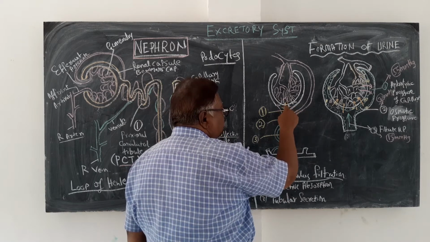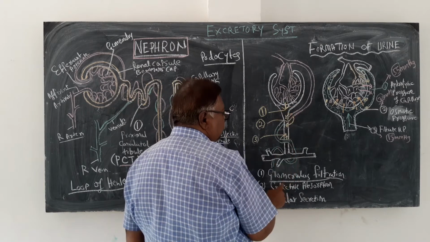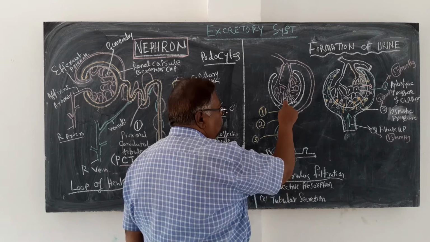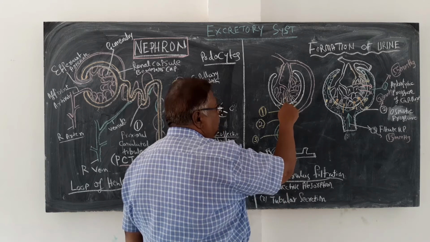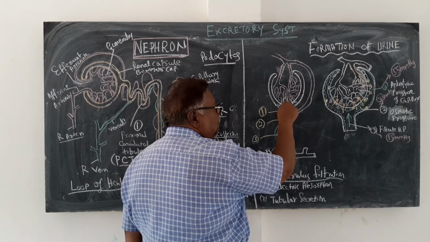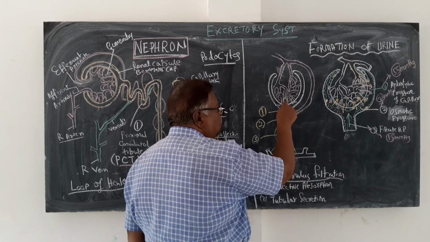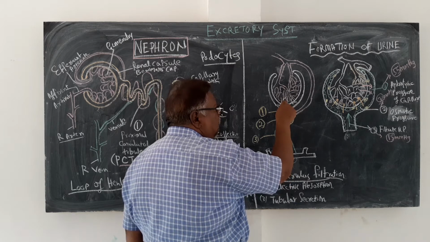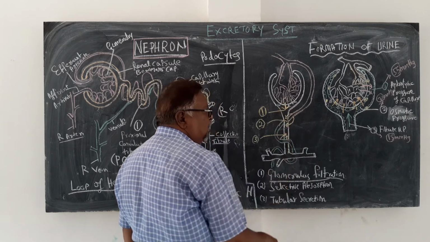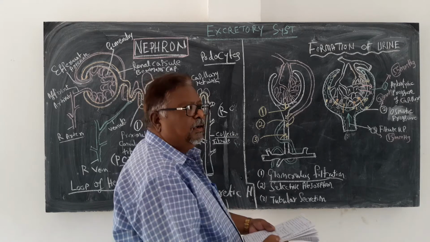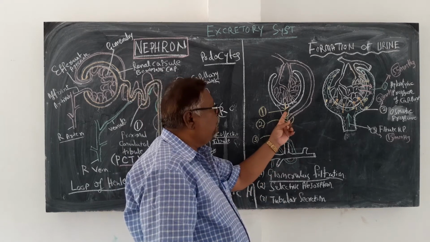In the first one, glomerulus filtration, all the nitrogenous waste materials and excessive necessary materials are also thrown out, because this is very thin walled and the movement is easier, and all important materials are also thrown out in the filtrate.